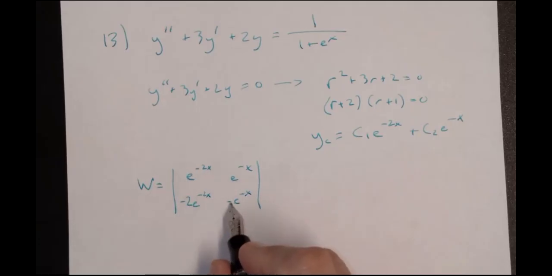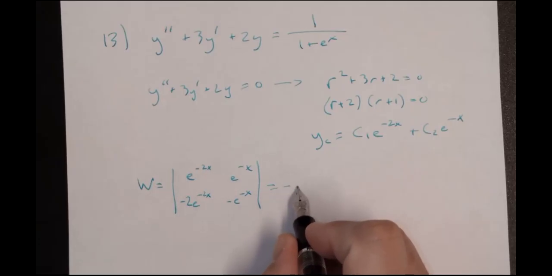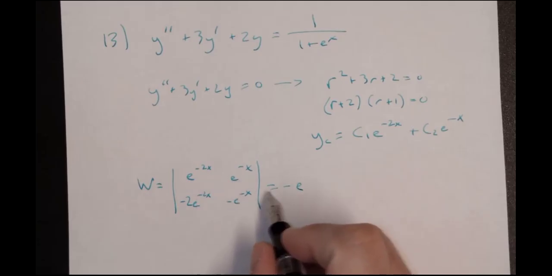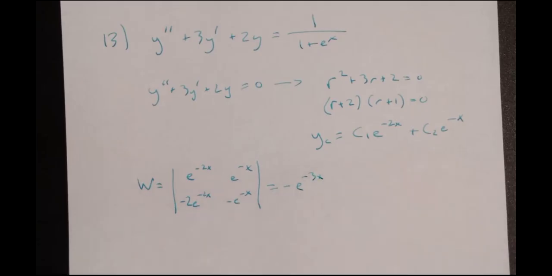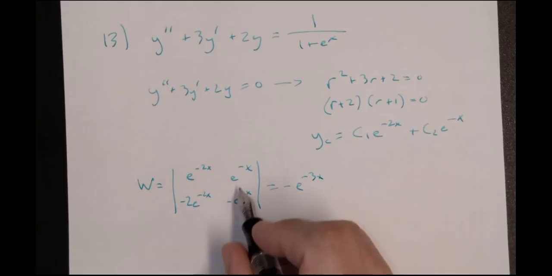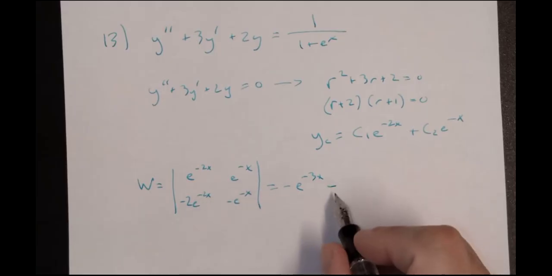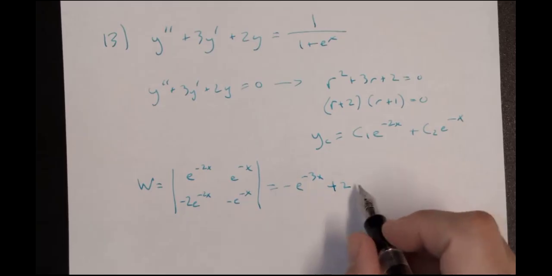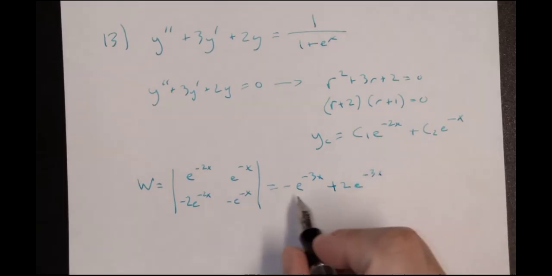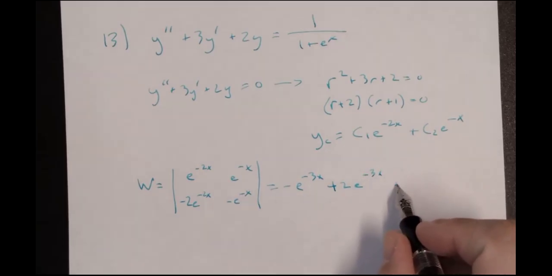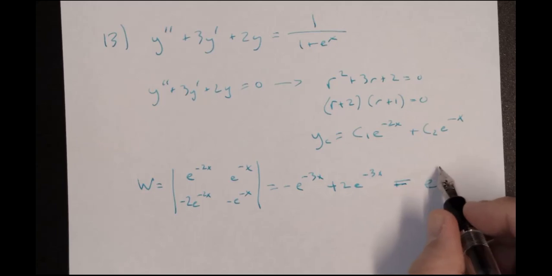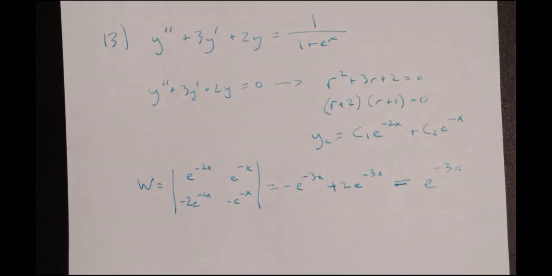So when I do that and multiply here, I get minus e to the -3x, because when you multiply with the same base, you add the powers, minus, -2, so that becomes plus e to the -3x. Well, -1 plus 2 is +1, e to the -3x.